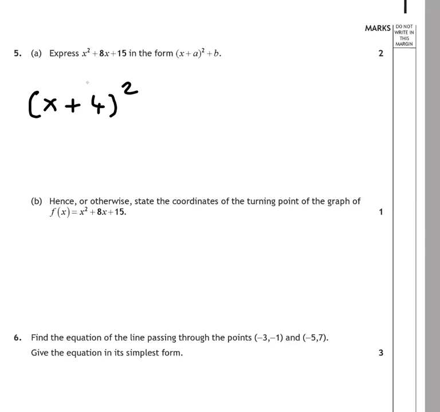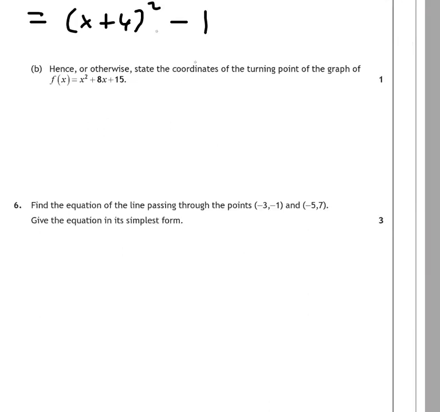So if that was minus 8, that would become minus 4. And then you would just subtract the square of that. So minus 4 squared, and it would always be a minus over here, regardless of the sign here, that would always be a minus. So minus 4 squared plus 15, because we've still got the 15. And then that would become x plus 4 squared minus 16 plus 15.